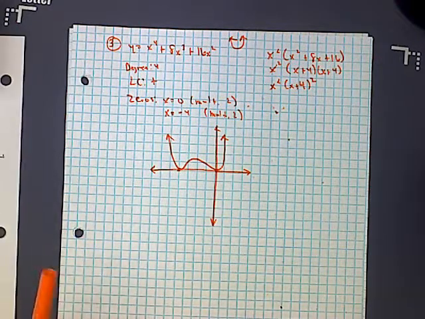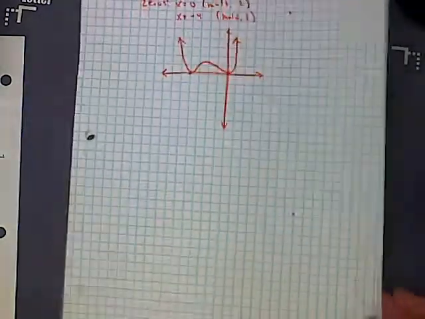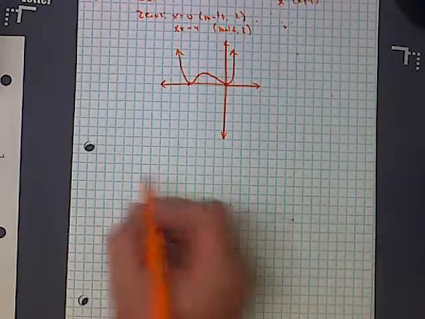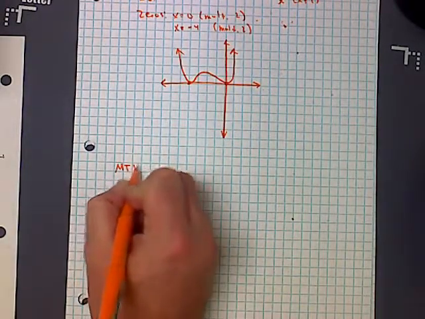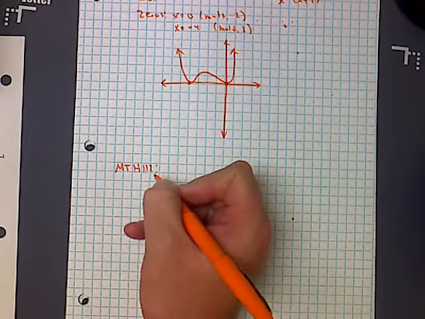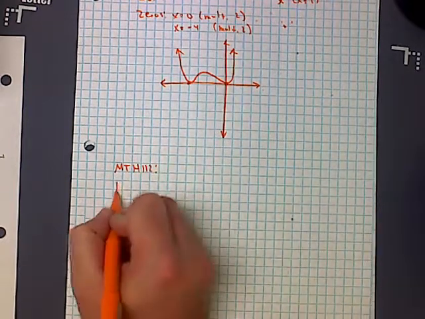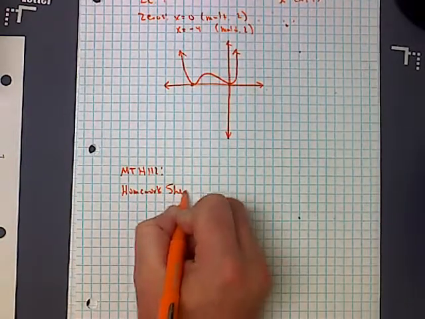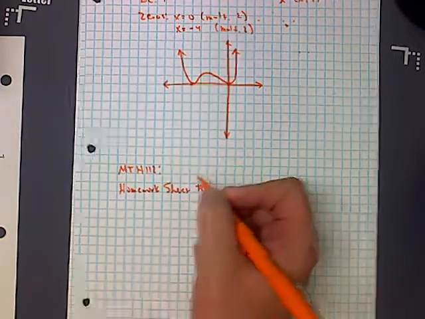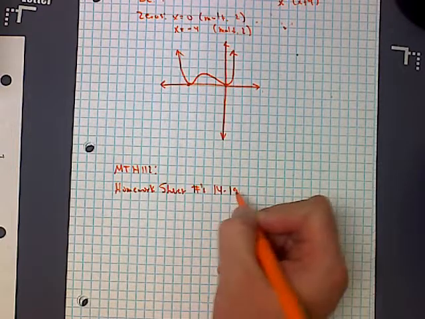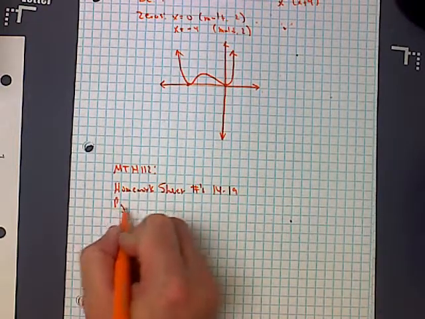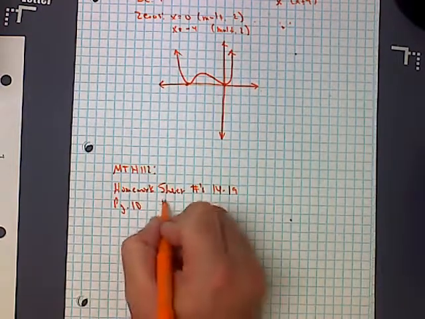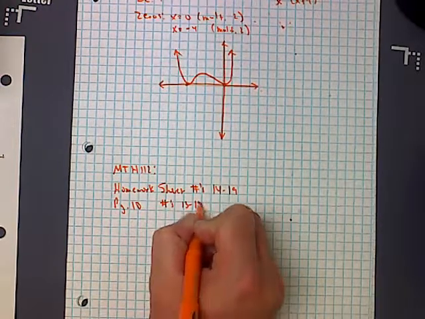So, remember your homework for tonight. If you are dual enrollment, Math 112, your homework came off the homework sheet, numbers 14 through 19 and page 10 in your notebook numbers 13 through 15.